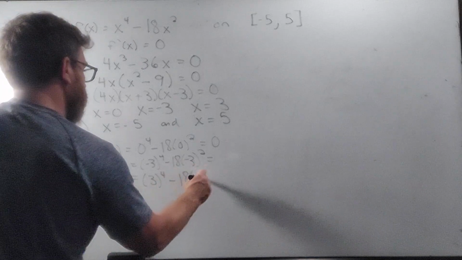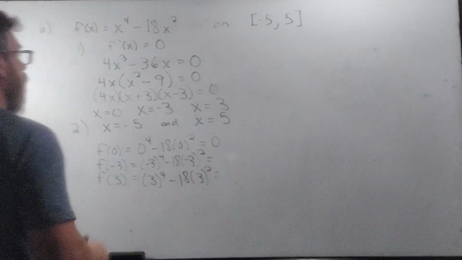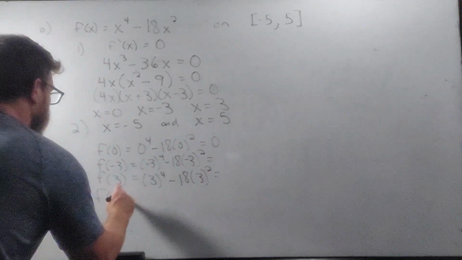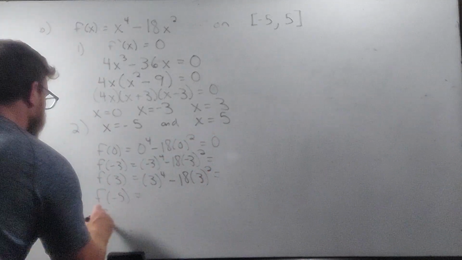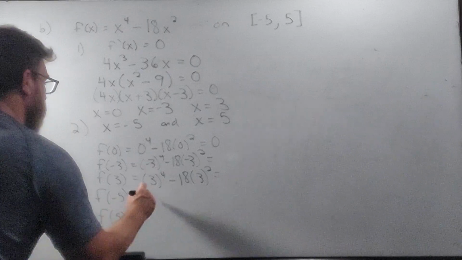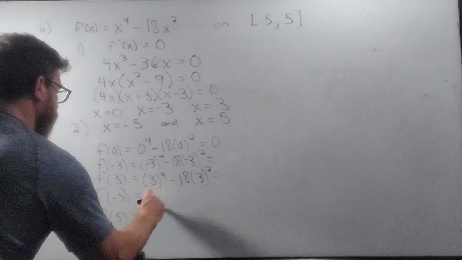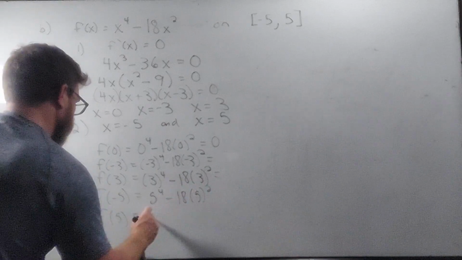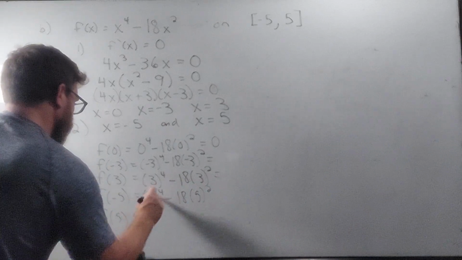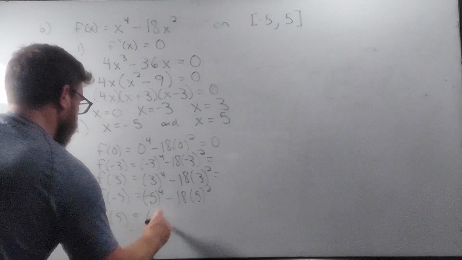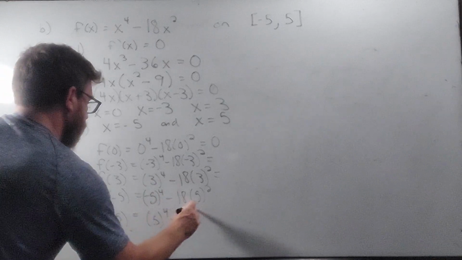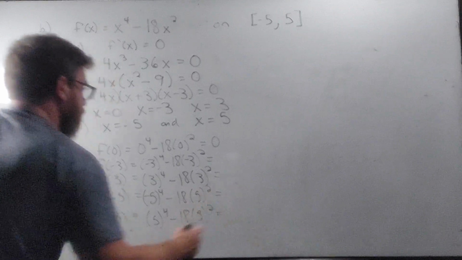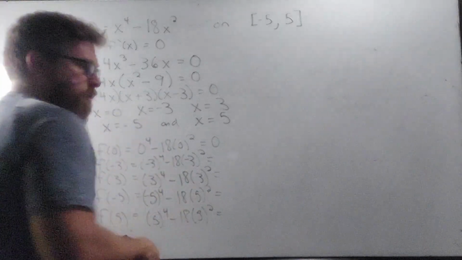So I'll only have to do it once. I also have to do -5 and 5. So again, since it's an even function, once I know this value, I'll also know this value. We'll figure out which one's our biggest and smallest.